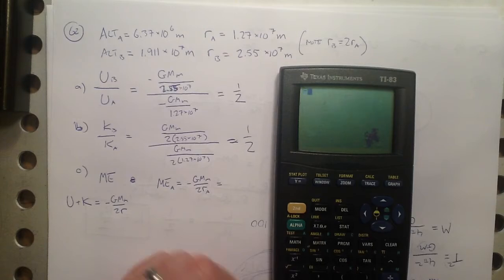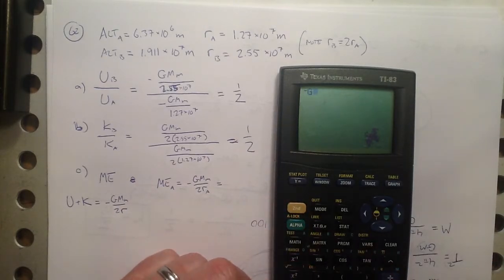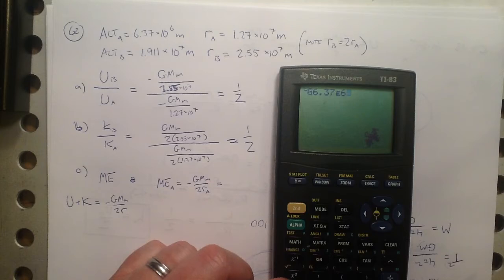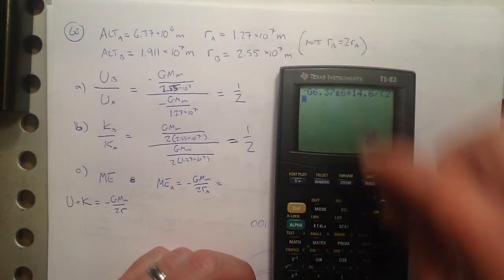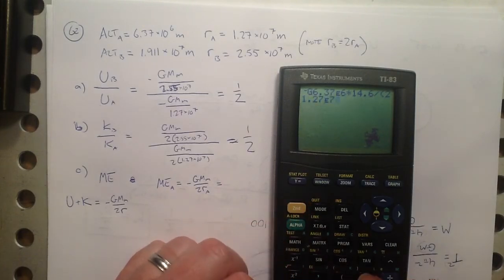So that's negative G times the mass of the Earth times the mass, what is it, 14.6? 14.6 over 2 times the radius of A, which is 1.27 times 10 to the 7th.